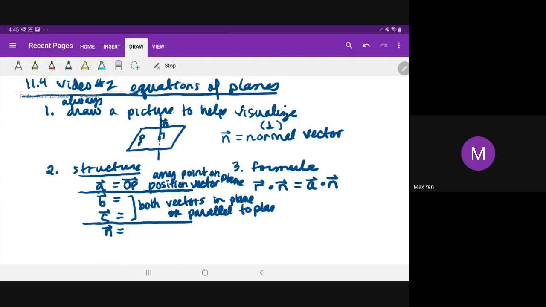So B might be up here in the air, and C might be a vector that's in the plane over here. B and C can both be in the plane, or B and C can both be above the plane or below the plane, but parallel. And what did we say the N vector was?